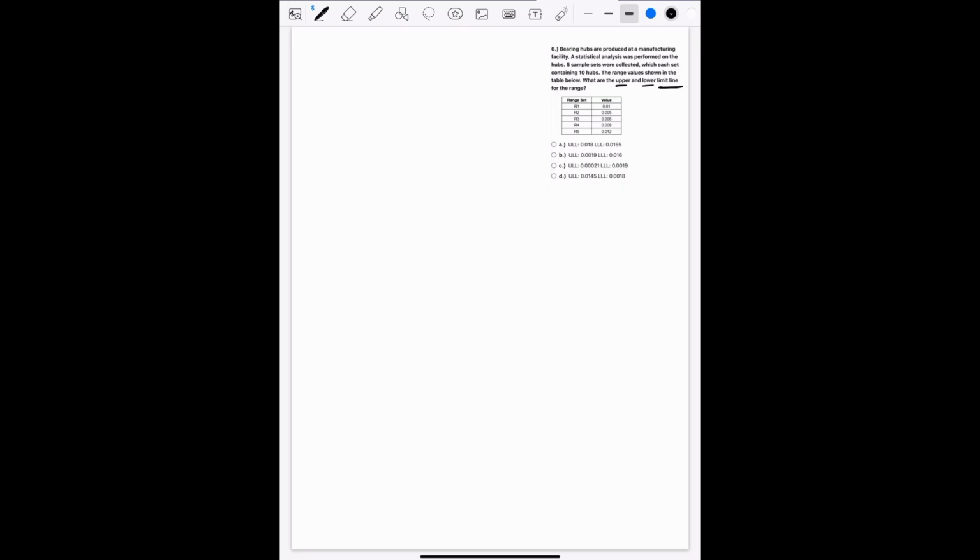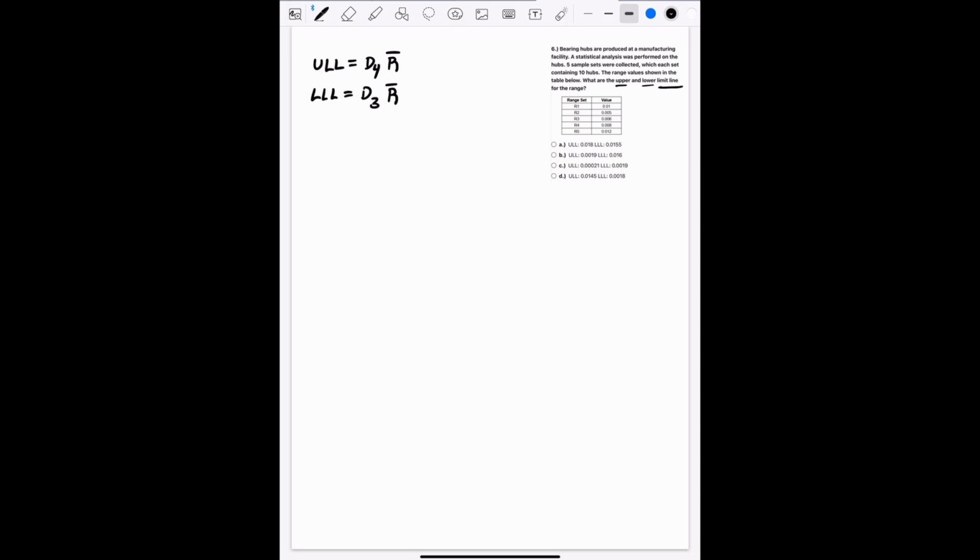So if we look at the reference material, we'll find that the upper limit line is equal to D4 R bar, and the lower limit line is equal to D3 R bar. So both of them have this R bar term, something that we're going to have to calculate based off of the data provided.